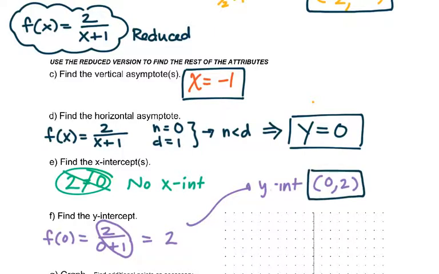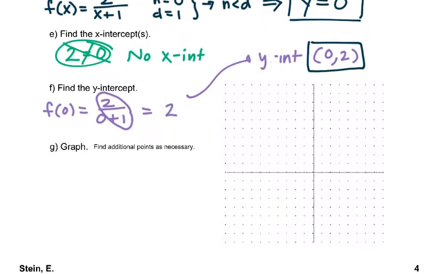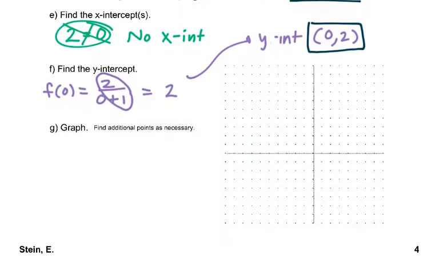So now if I were to continue along and graph this, I can make a table of values as I see fit. x, y, or x, f of x using our more formal notation. I just said that I have a vertical asymptote at x equals -1.